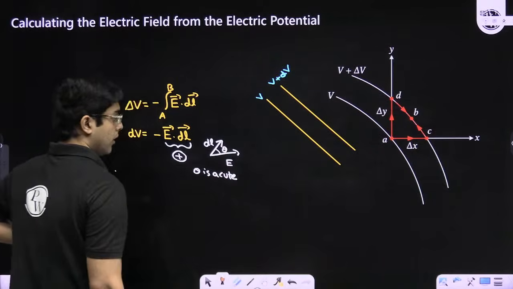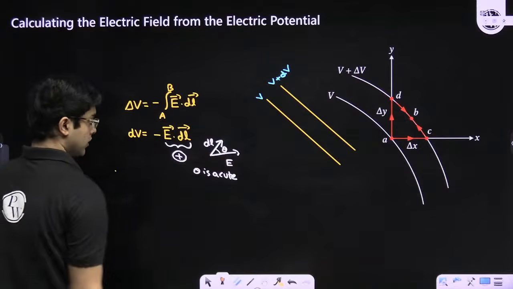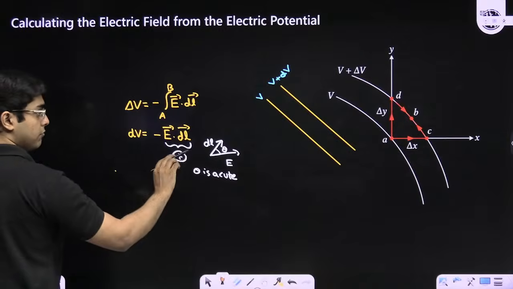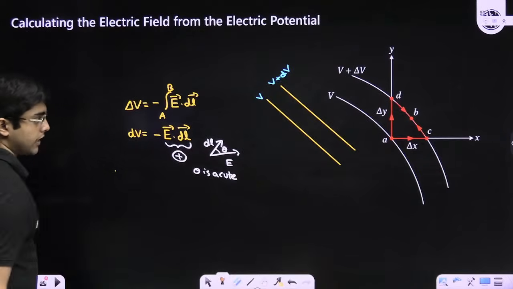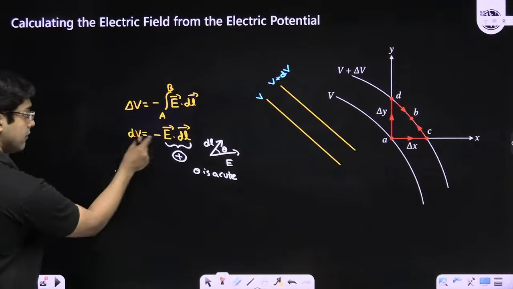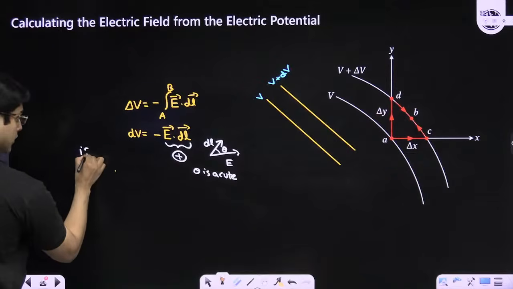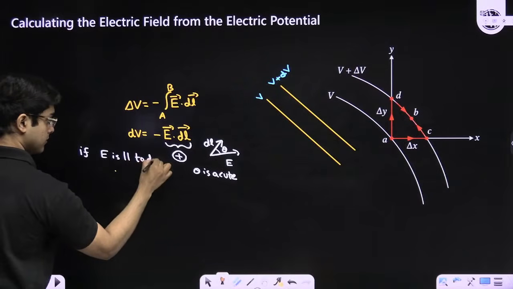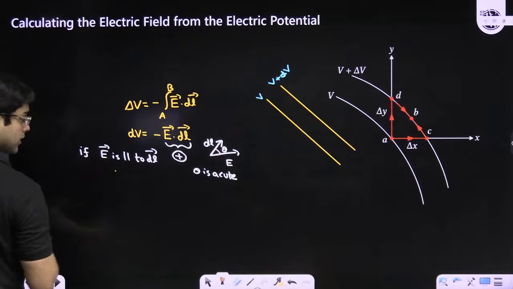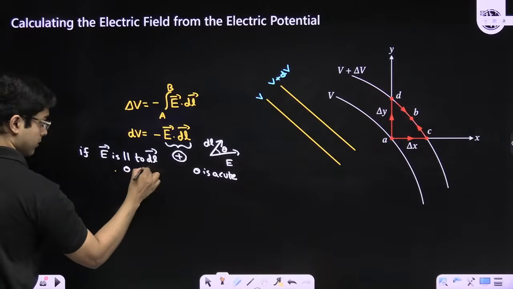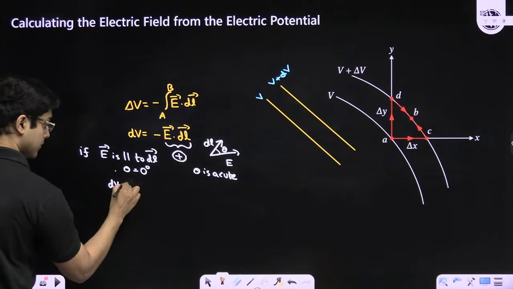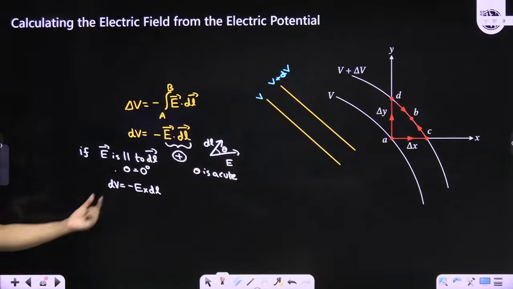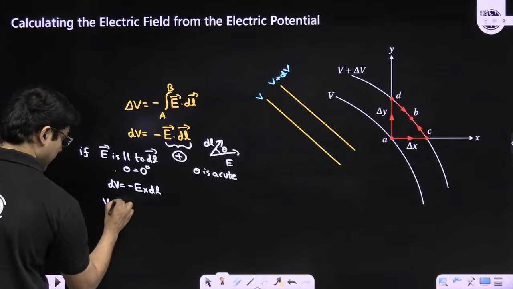If E and dl are parallel to each other, then E dot dl will also be positive, which means if you're walking in the direction of the electric field, then dV will be negative. If E is parallel to dl, theta is 0 degrees, so dV will be minus E into dl. This is negative, which means potential V decreases.